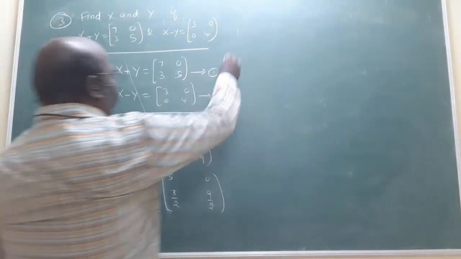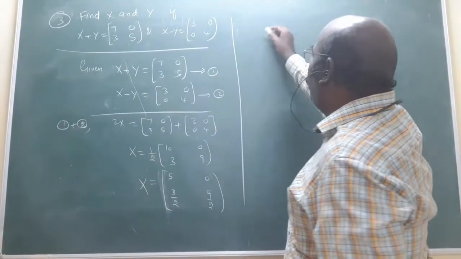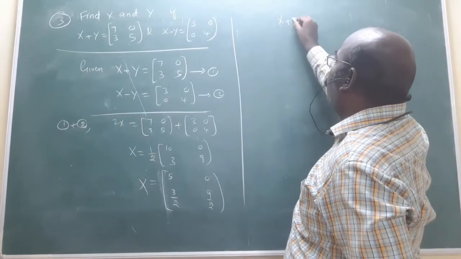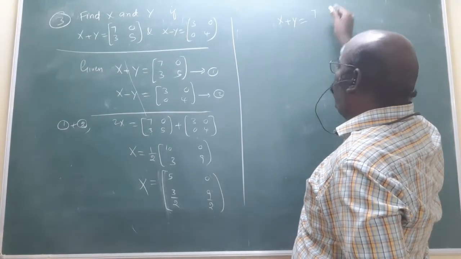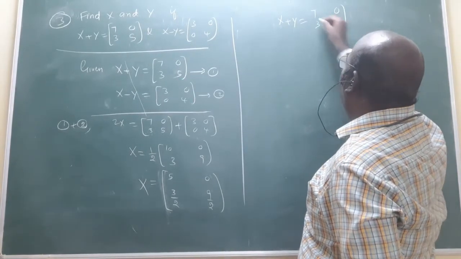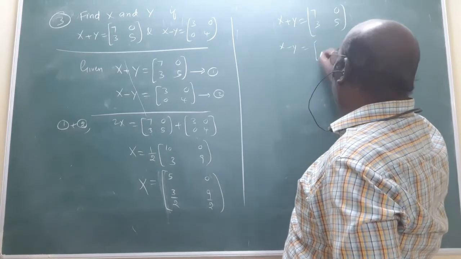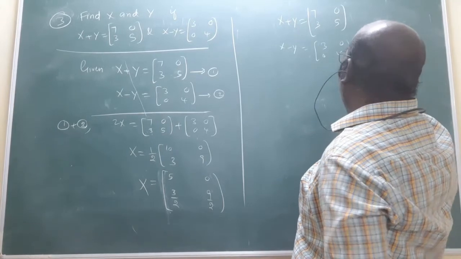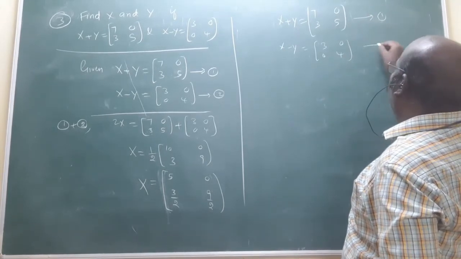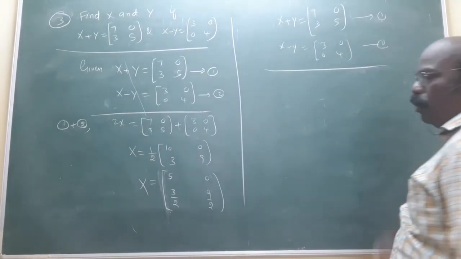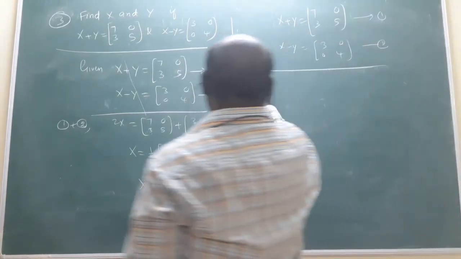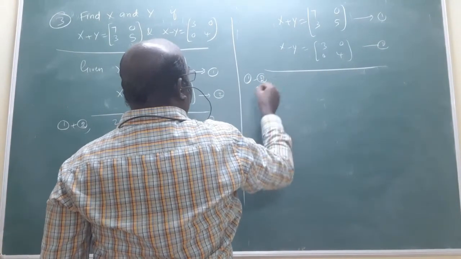Now, similarly, subtracting both. Let's say X plus Y is 7, 0, 3, 5, and here X minus Y is 3, 0, 0, 4. Again 1 by 2. 1 minus 2 means change the sign.